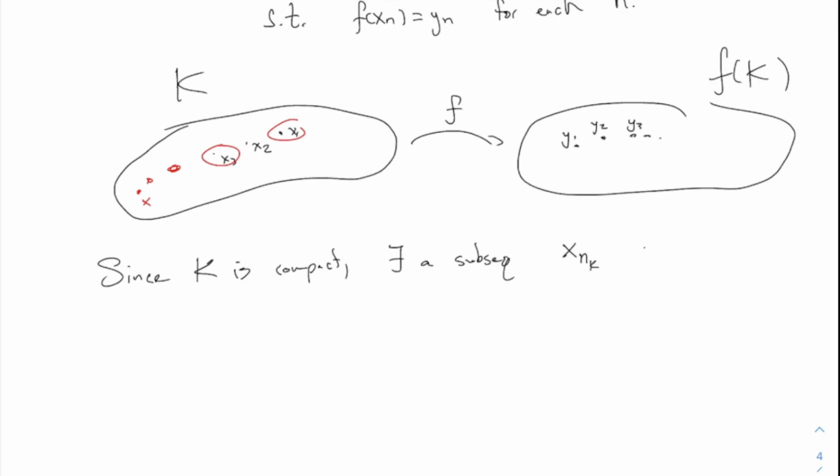This is a subsequence of the x_n's such that x_{n_k} converges to x, and x is in K. Okay, we're actually almost there.